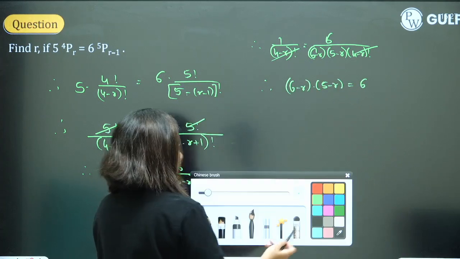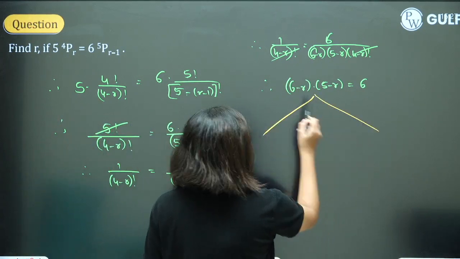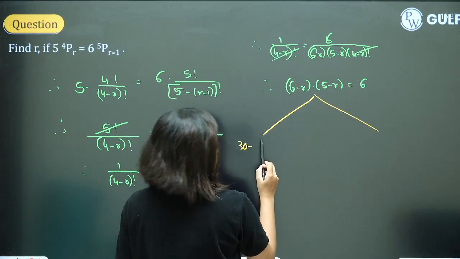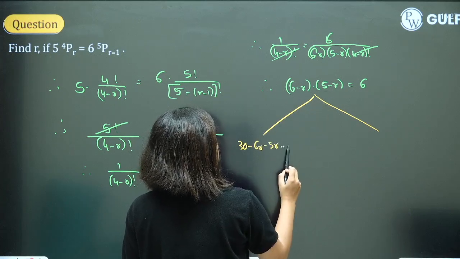See, there are two approaches to solve this question. One is you open simply: 6 fives are 30, minus 6r minus 5r, and minus of minus plus r square.